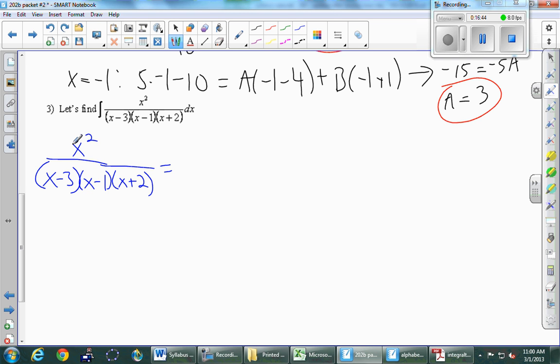So we're going to write it as the sum of some fractions. First denominator, x minus 3, upstairs, some number A to be determined, plus downstairs, and then, good.